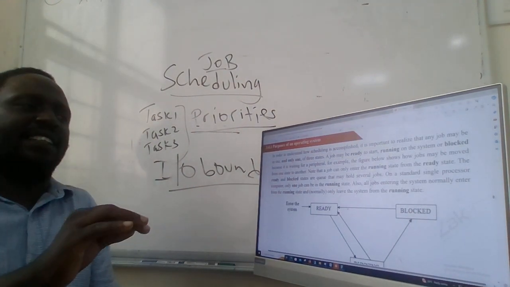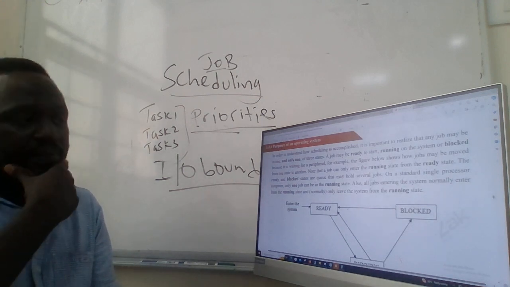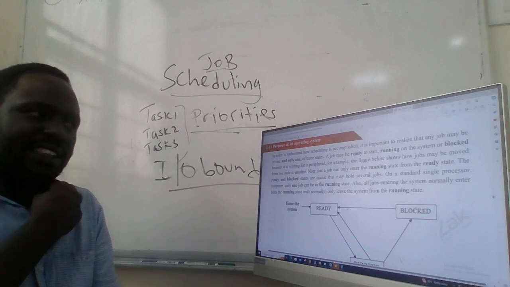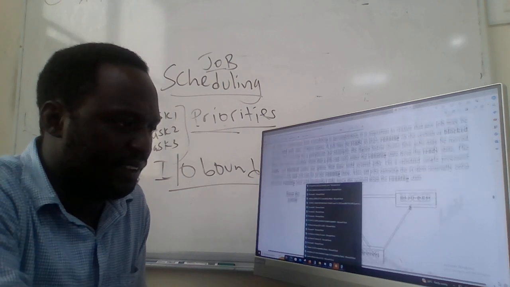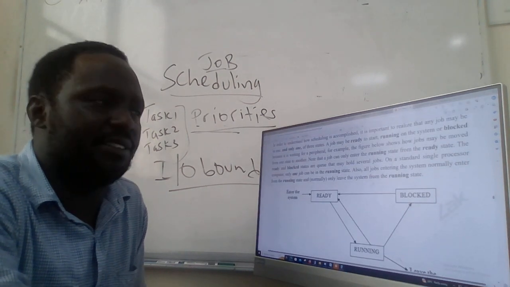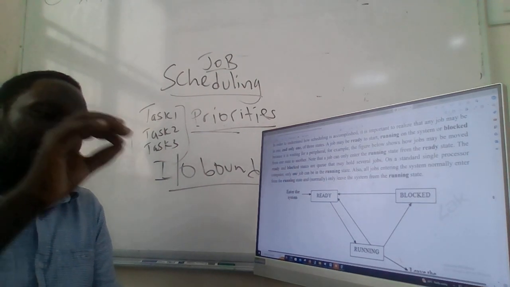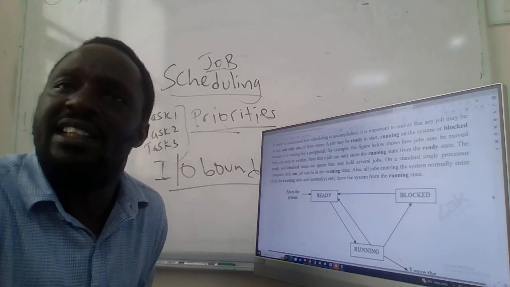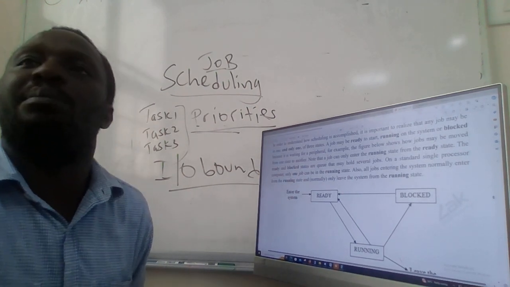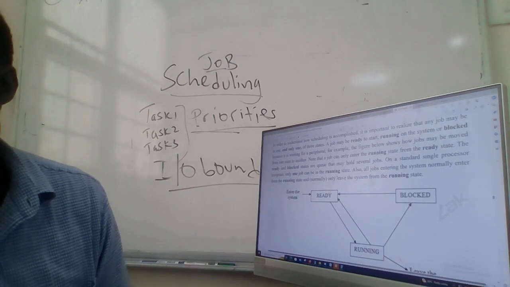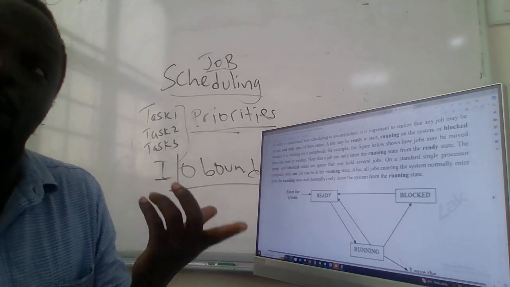A computer task can be in three stages, and we call them states. A computer task can either be in a ready state, or in a blocked state, or in a running state. Guys, all these things can be asked. You see them in past papers.